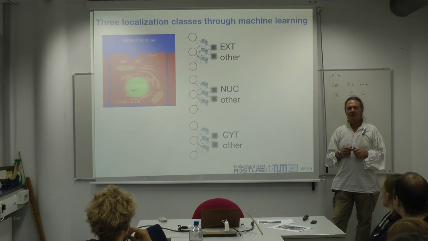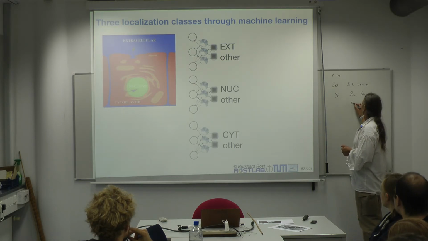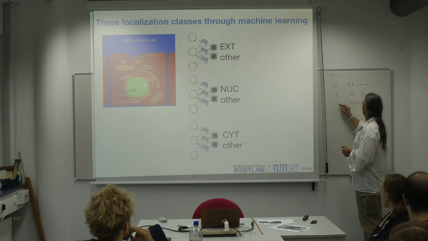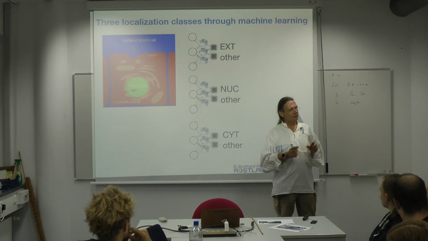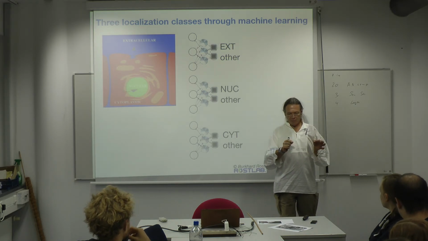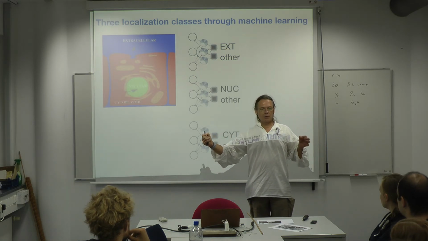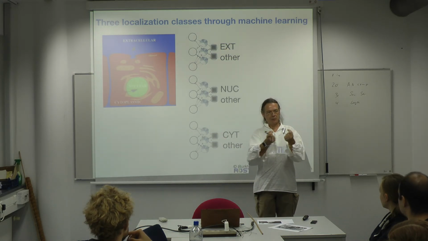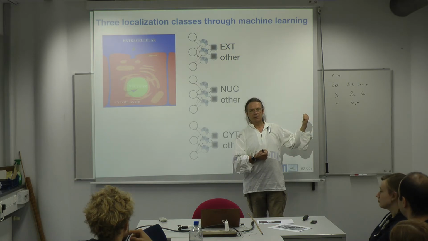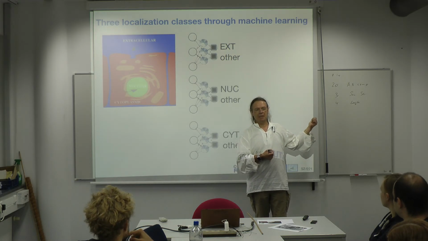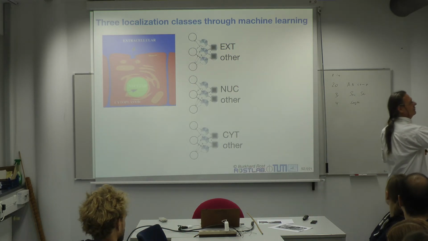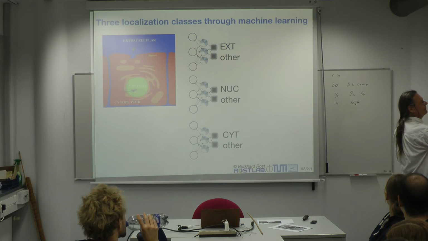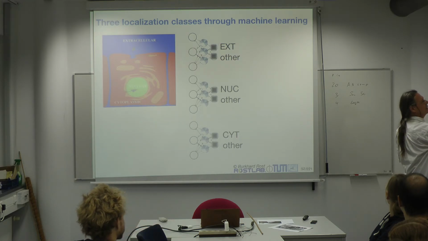Size. Length. Length is an issue. So we code that typically with 4 units in our group. And that is simply because proteins can be between 30 and 30,000 residues long. So if you just take this number and use a fraction of 30,000 as an input, then most proteins have a meaningless input here. So the way we do that typically is we have one unit that codes for longer than 500, one for longer than 250, one longer than 125, and one for 60.